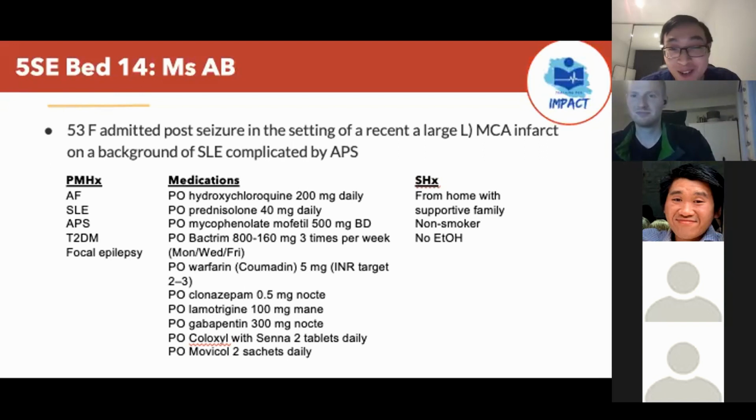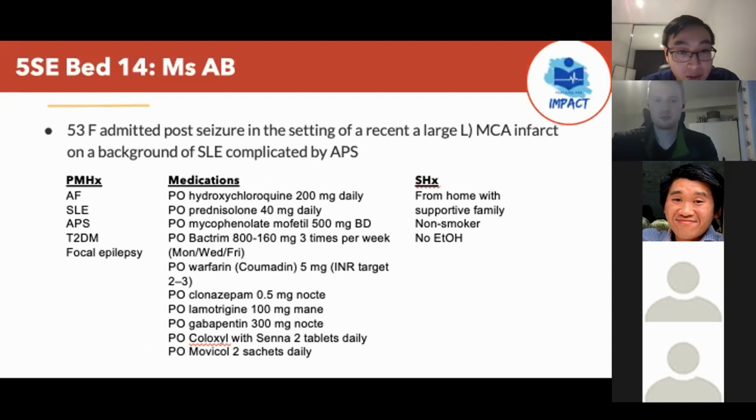Does anyone know what SLE stands for? Great. And APS? In this context, APS can stand for a lot of things, acute pain service. But in this context, Antiphospholipid Syndrome, and we'll explore these 2 conditions in a little more detail.